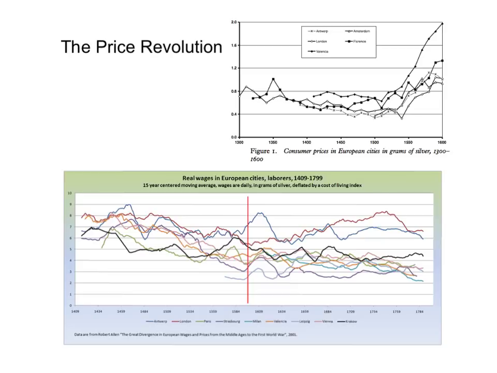You can also see real wages, which talks about standard of living and how far your money would go. And you can see this in this second graph here.